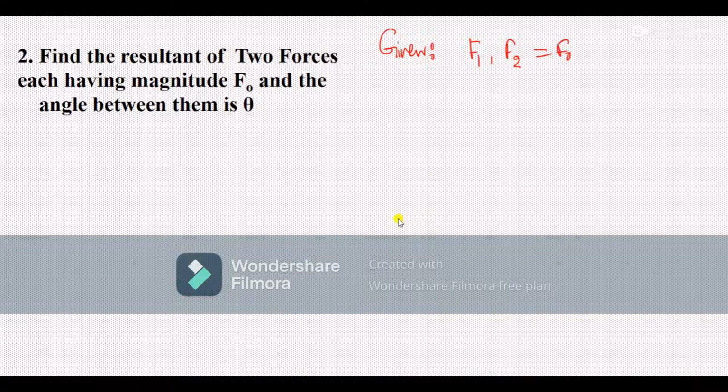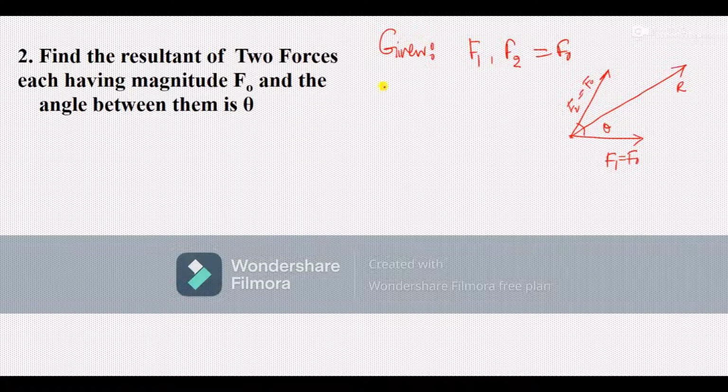In this given problem we have two vectors F1 and F2 having equal magnitude F naught. So we represent them by F1 and F2, that is equal to F naught and this is also equal to F naught. In this case we have to find the resultant, and the angle between them is theta.